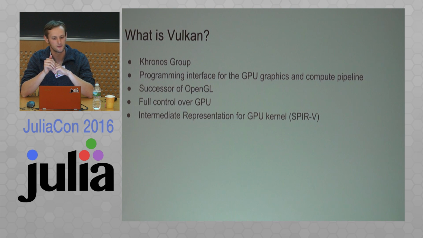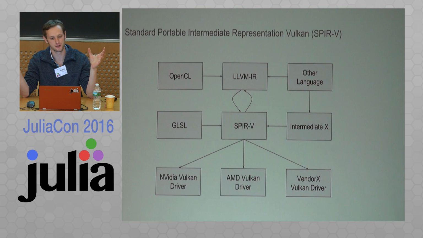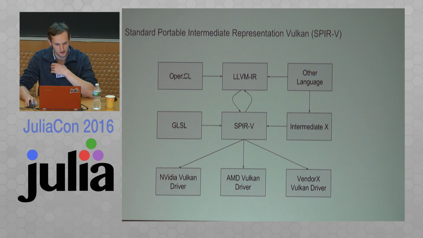And it has this intermediate representation, which is called SPIR-V, which is the intermediate representation for the kernels that you execute on the GPU. So it's basically a solution for taking away work from the driver implementer and allowing for more languages to actually compile to the GPU. That's the case SPIR-V is supposed to solve. As you can see, in the history, it was pretty much like the OpenGL shading language.